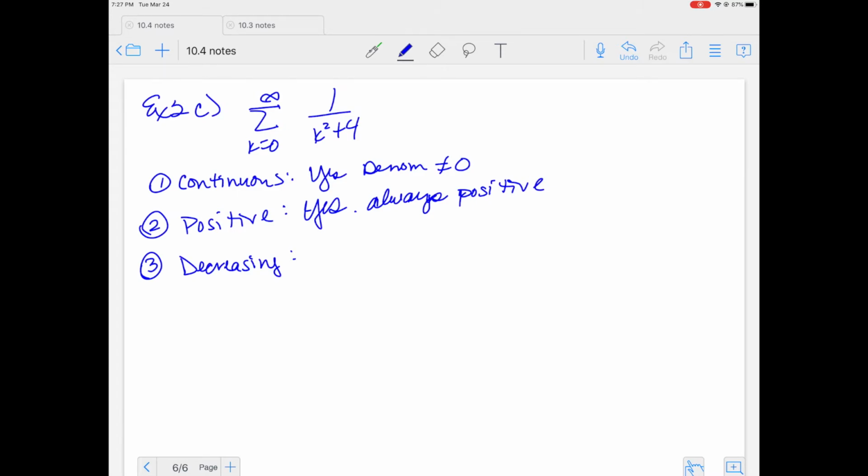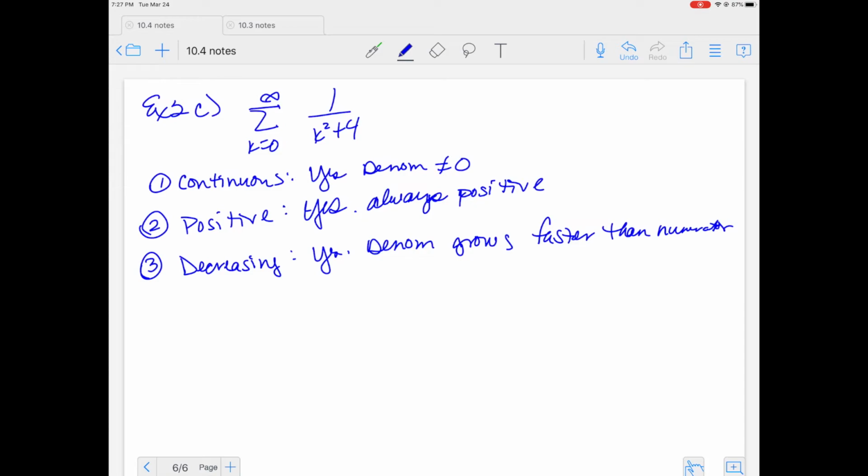Is this decreasing? Again with the yes. The denominator grows faster than the numerator. Those 3 criteria have been met. Check.